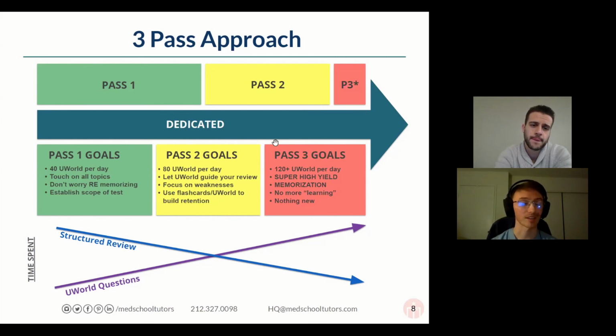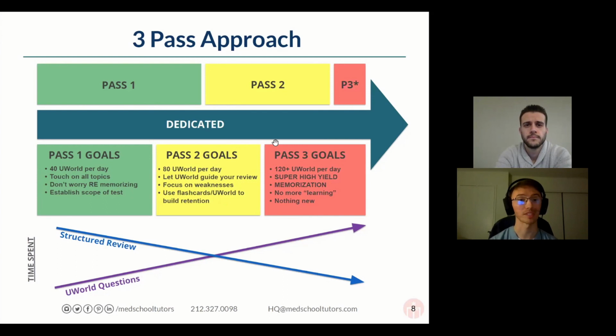So on the first pass, a lot of your time is going to be spent reviewing topics, going through these secondary resources, essentially reteaching yourself all of the stuff that you may have forgotten from M1 and M2. And as we mentioned, doing questions is really important, so you want to be doing some UWorld questions during that first pass.